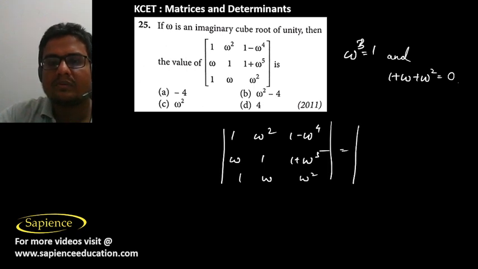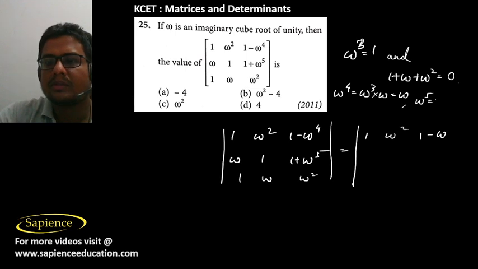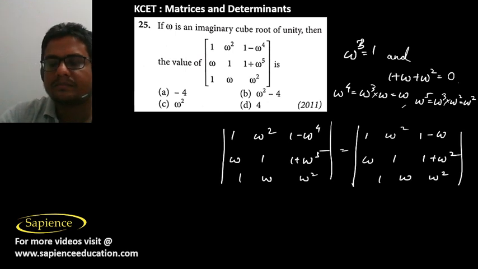So that will be equal to 1 and omega square, and then this entry I can write as 1 minus omega, since omega power 4 is omega cube into omega, that is equal to omega, and omega power 5 is omega cube into omega square, that is equal to omega square. So this will be omega, 1 and 1 plus omega square, and this will be 1, omega and omega square.